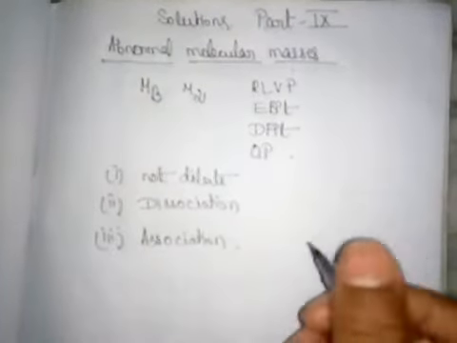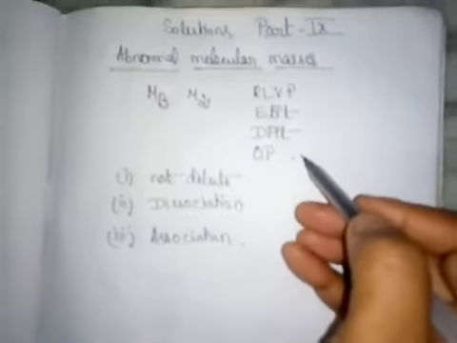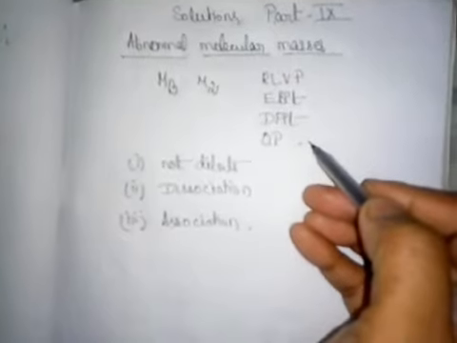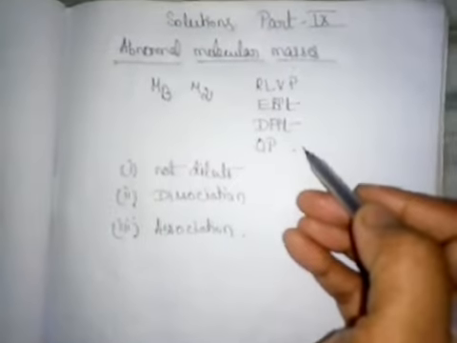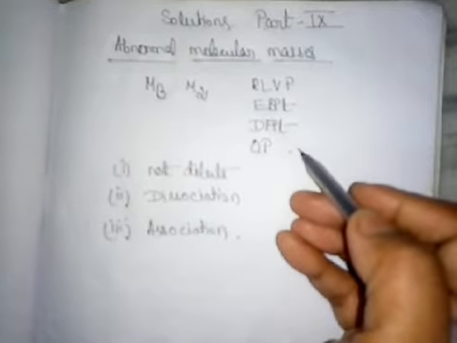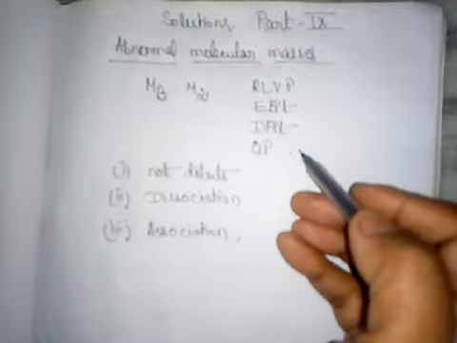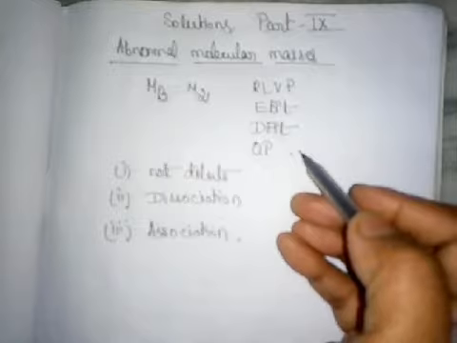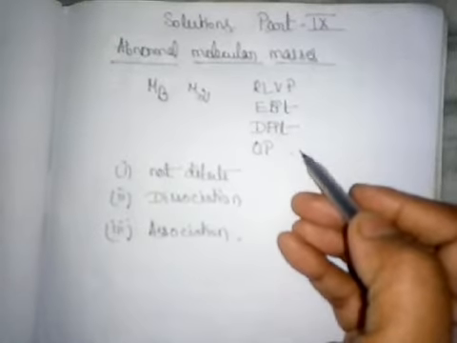These four colligative properties are applicable only to the solutions of non-electrolytes which do not undergo any kind of association or dissociation in the solution.